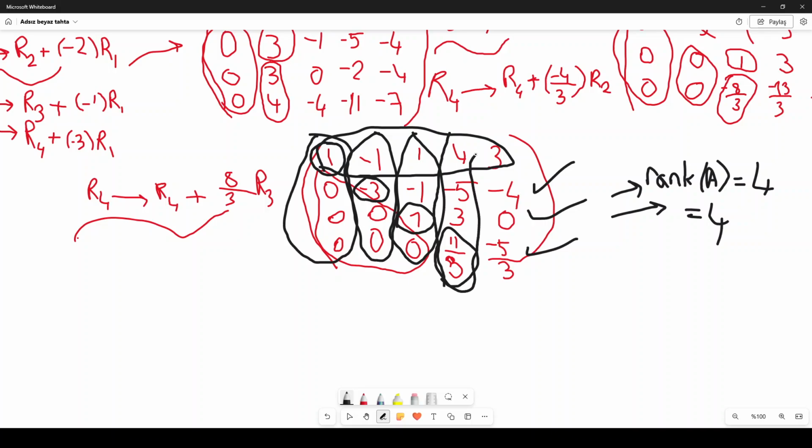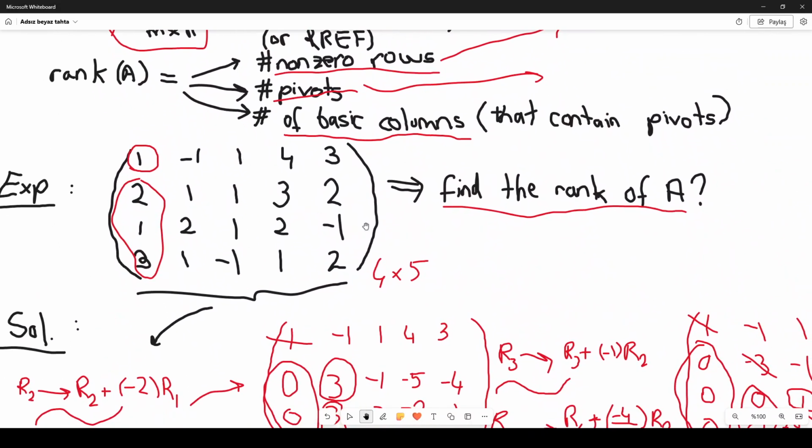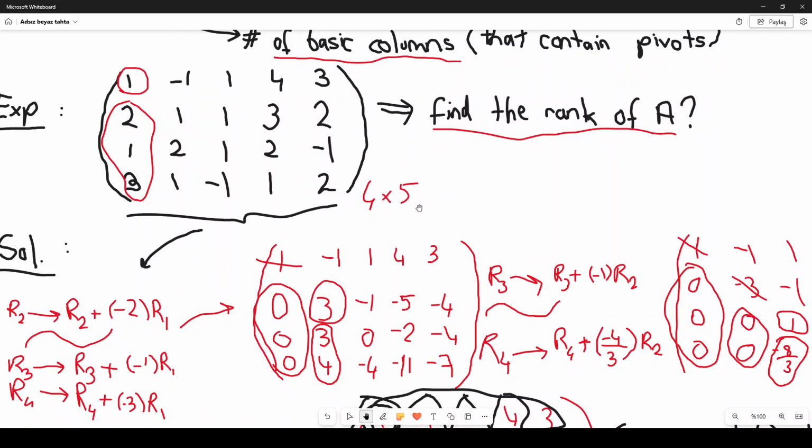So we have 4 basic columns, and again it is equal to 4. So the rank of this matrix is equal to 4. Alright guys, so in this example we see how we can find the rank of a given arbitrary matrix of size n by n.